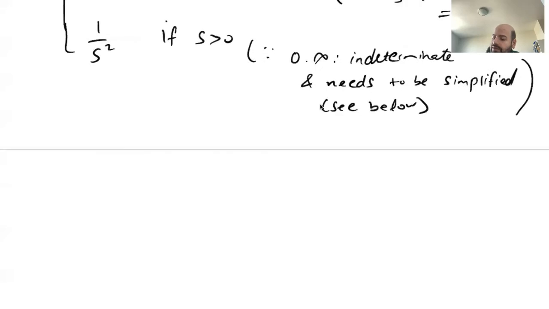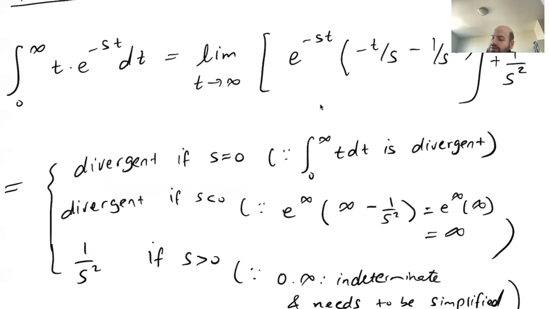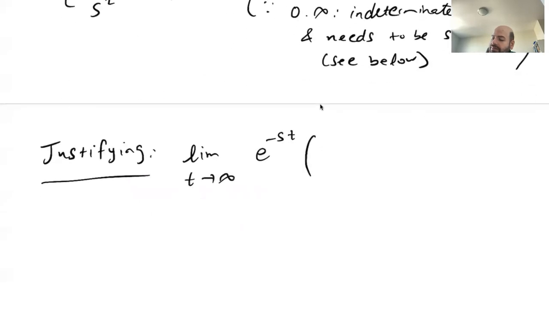So let's see what happens with the limit as t goes to infinity. Let me say, justifying that the limit as t goes to infinity of e to power minus st times this expression, which is minus t over s minus 1 over s squared, will be 0. My claim is that this limit is 0.